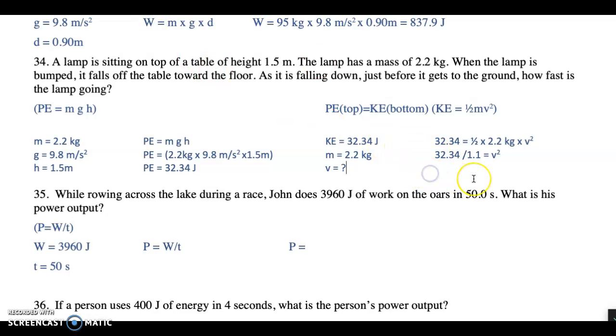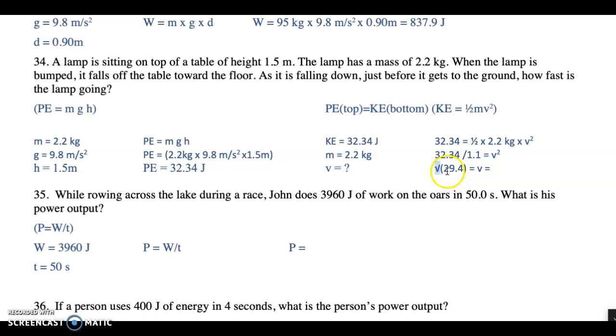So then I've got to take the square root of this. I had to go find a square root symbol I could use here. So when I multiply these two, I get 1.1. So it's 1.1 times v squared is equal to 32.34. To get v by itself, I have to divide both sides by 1.1. That gave me 29.4.